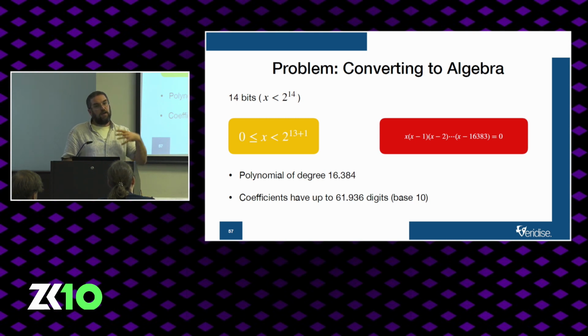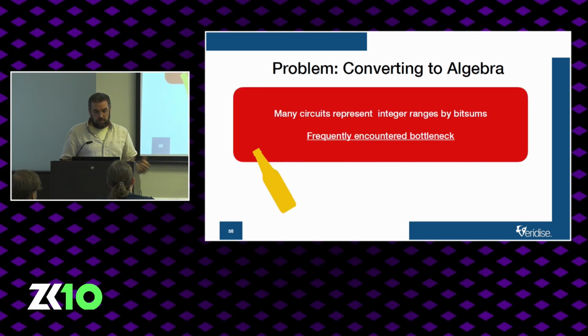And that's why the SMT solver really crashes and can't reason. But you cannot forget about these kinds of constraints, because they are very present in many of the circuits, and they form the bottleneck that makes the algebra and the polynomial arithmetic so difficult.